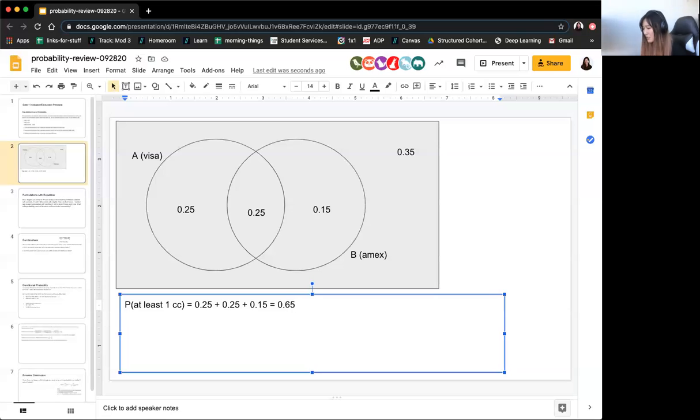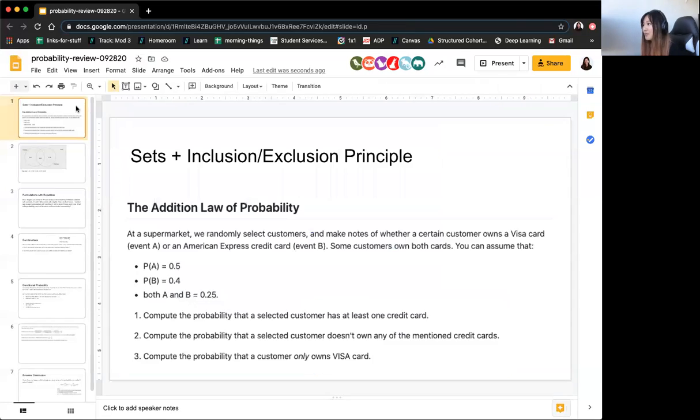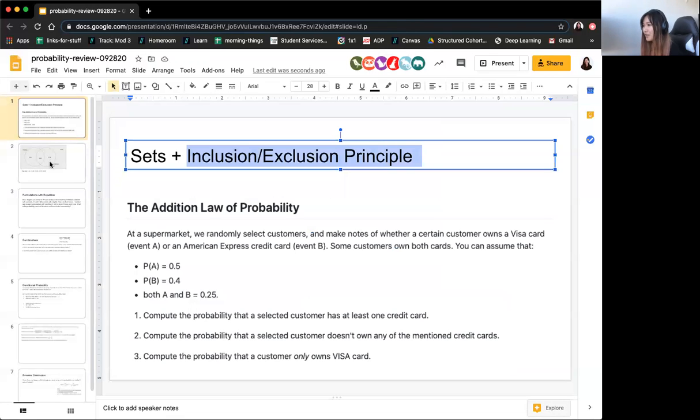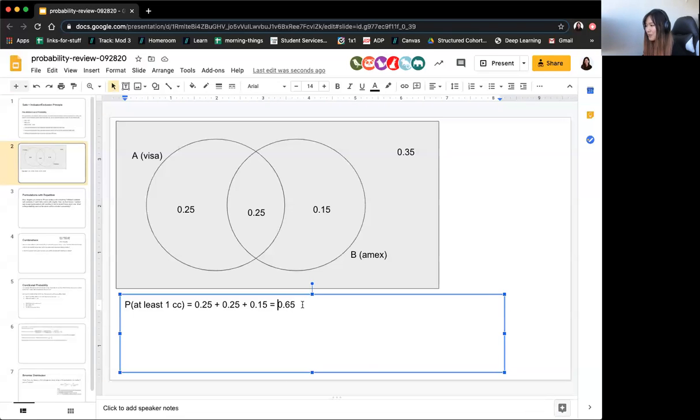If you're wondering how we would do this with the inclusion-exclusion principle, which is this one over here, meaning how we would do this with the probability formulas, we would do it more formally by finding A union B, because that's what we're finding here.